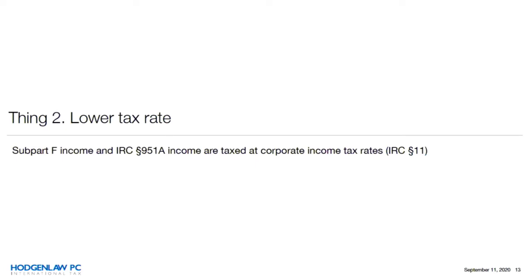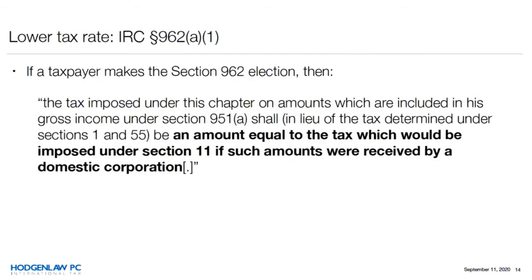And basically it says, look, you don't have to pay tax on this gross income inclusion at ordinary rates up to 37%. Instead, use corporate rates. Hey, look at this, it's 21%. That's magic. And here's the language straight out of Section 962.